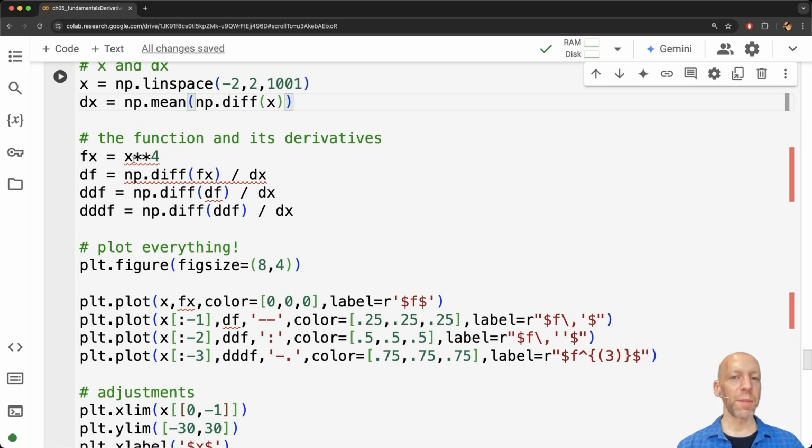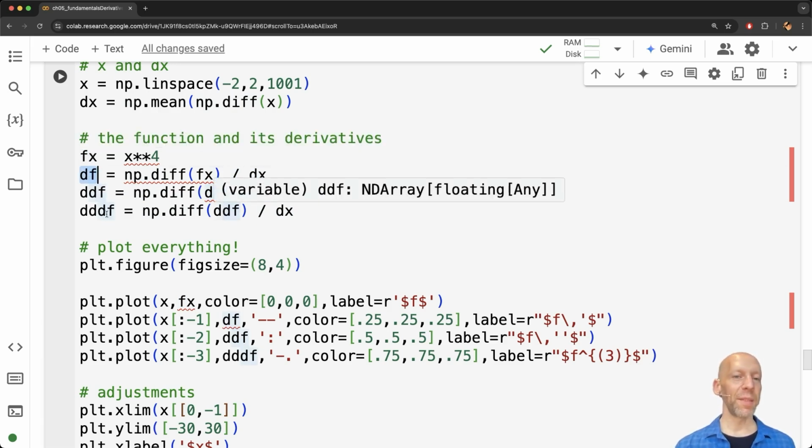Okay, here I have the function f to the power of 4. Here I take the derivative, or the numerical difference, of the original function, divide by dx. Here I take numpy.diff again, but now this is not of the original function, it's of the first derivative.